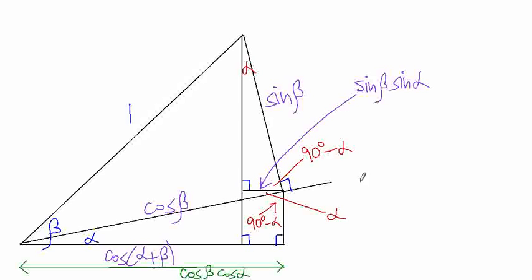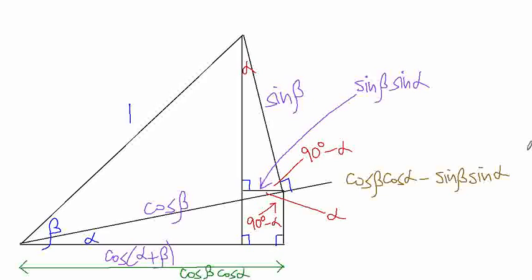Okay, so let me write that. If I take that green length and I subtract the last length that I just determined, then what's left when I subtract those two lengths?